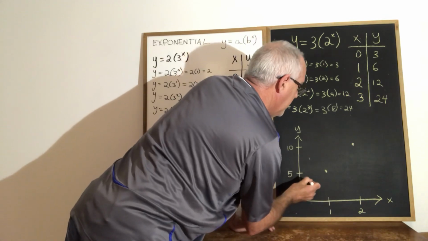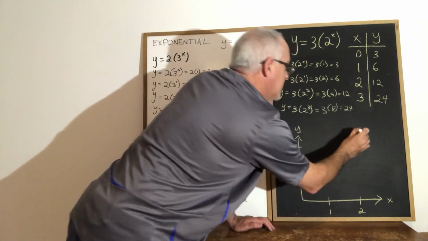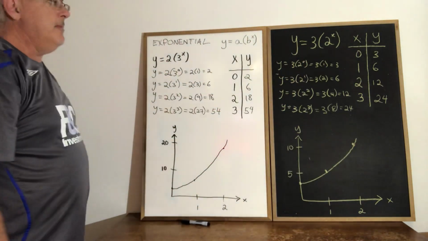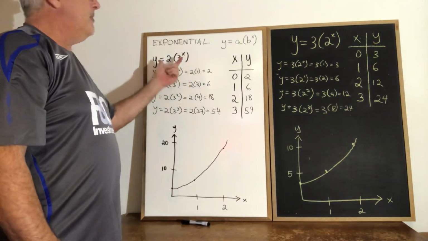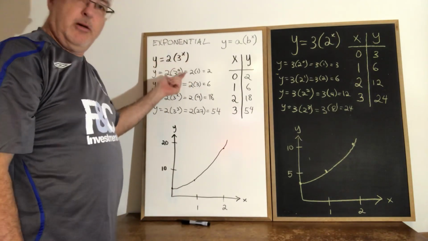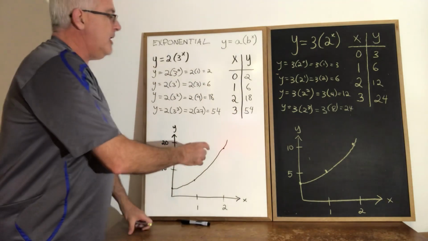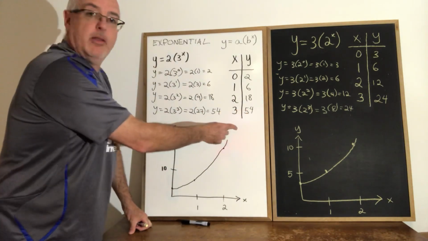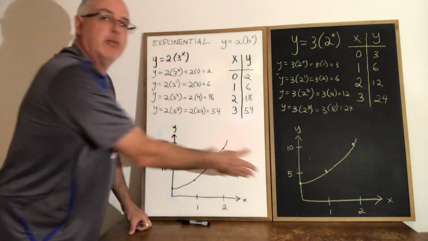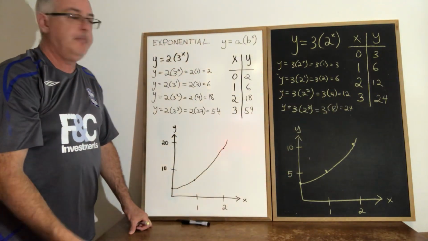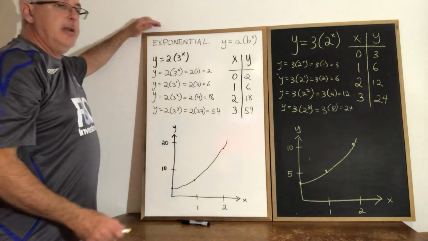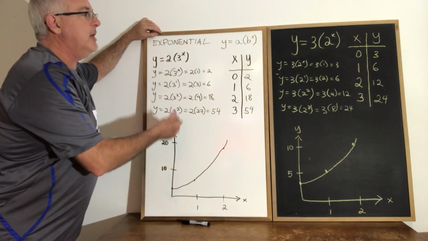And I have a similar looking curve, but it doesn't climb as rapidly as the first one. And that is because of the relative positions of the larger number and the smaller number in the a and b positions. Of course, I didn't put the 54 on this graph or the 24 on that graph because they didn't fit easily. But you can see now that we have a process that we can trust.